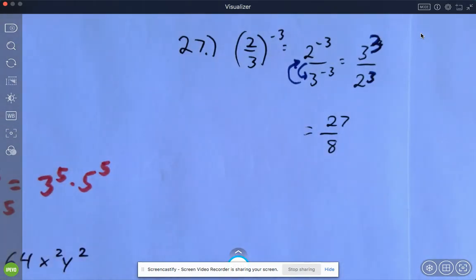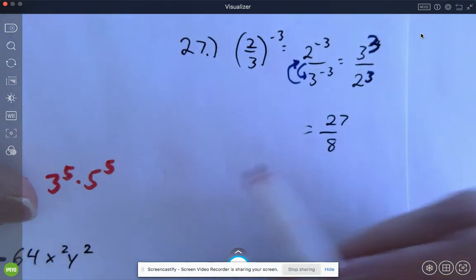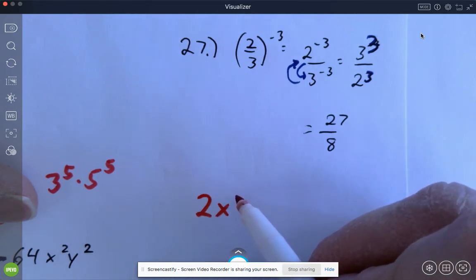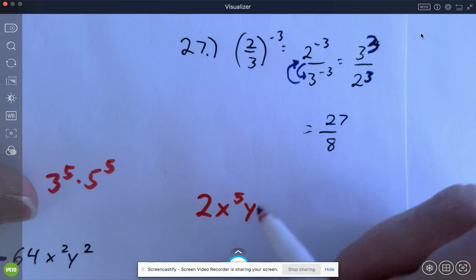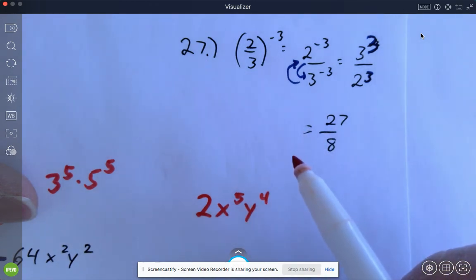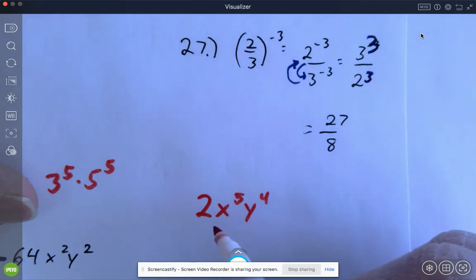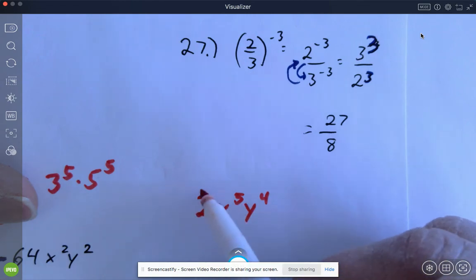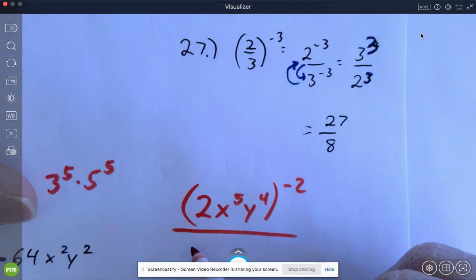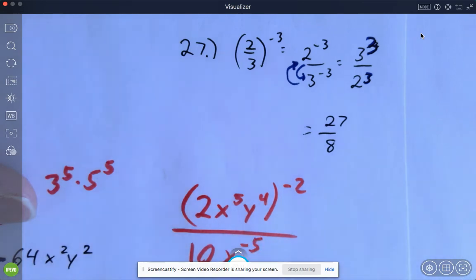One thing I noticed correcting the other cohort's quiz is, if you have, I'm just going to make this up, 2x to the fifth, y to the fourth, and then raised to the negative 2, and then maybe 10x to the negative 5 or something like that.